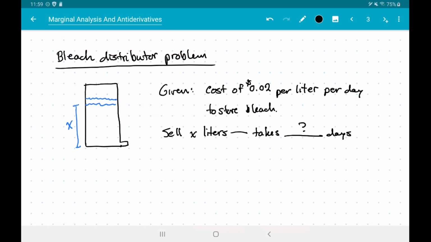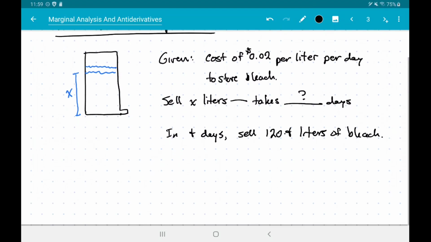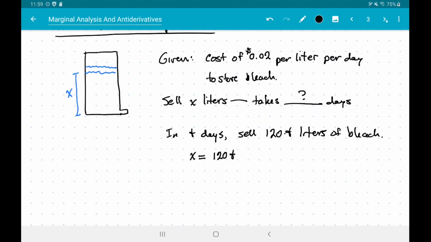So that means that in T days, we sell 120 times T liters of bleach. Well, that means that if X liters of bleach are to be sold, then T must be X over 120. So let me go back up here and fill this in. It takes X over 120 days to sell X liters of bleach.